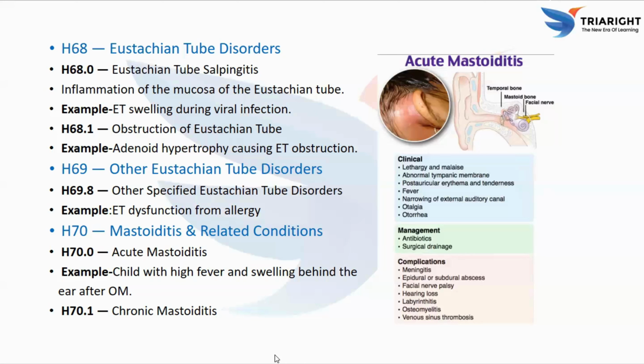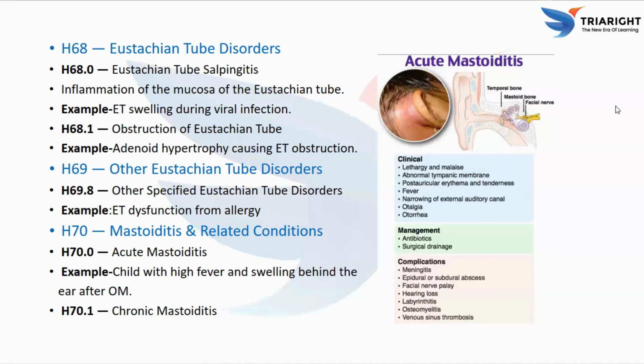So next is H70.1 for chronic mastoiditis. So this is a long-standing one. Chronic means a long-standing infection or inflammation of the mastoid air cells. So what will be the signs? Persistent otorrhea, hearing loss, and sclerotic mastoid on imaging. This is often associated with chronic suppurative otitis media.